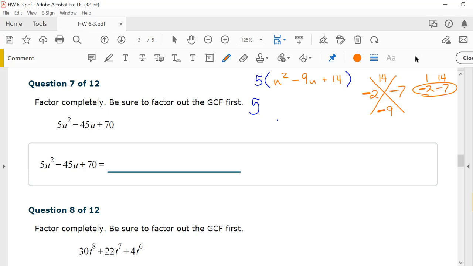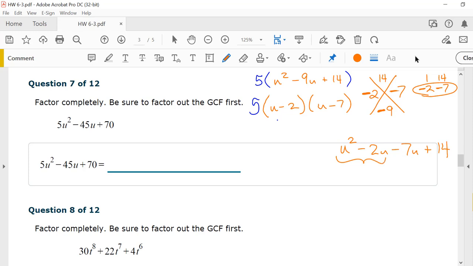Now, because a was 1, you don't have to do factor by grouping. You can just write it as u minus 2 times u minus 7. If you don't believe me, we could do u squared minus 2u minus 7u plus 14.